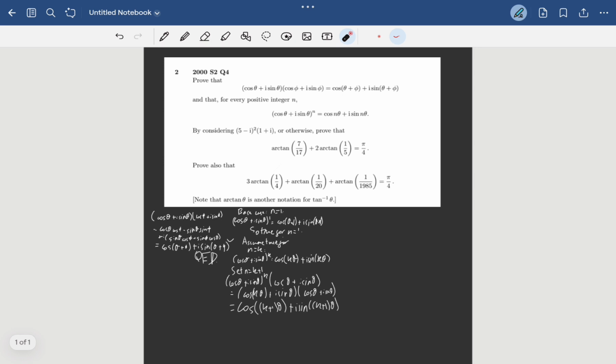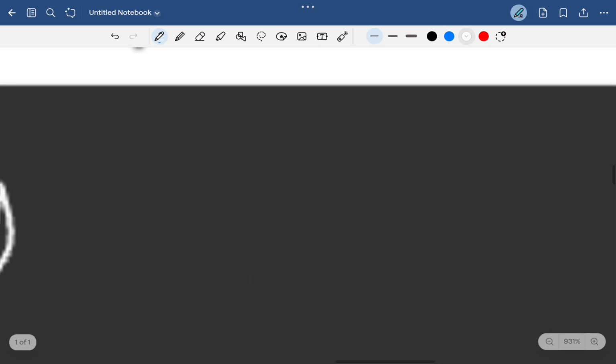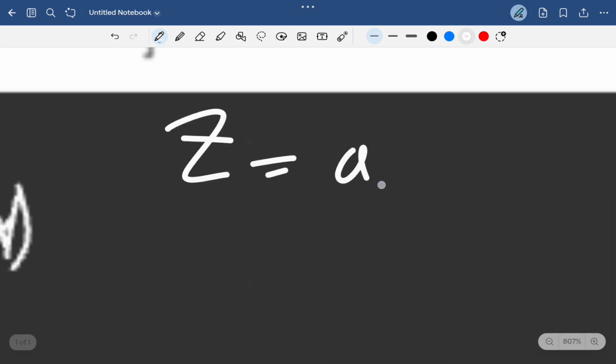And now, by considering this or otherwise, prove that this is true. Cool. So this is going to be to do with arguments, because we have arctan. For example, let's say we have a complex number z, equal to a plus bi, where a and b are real numbers and i squared is equal to minus 1.